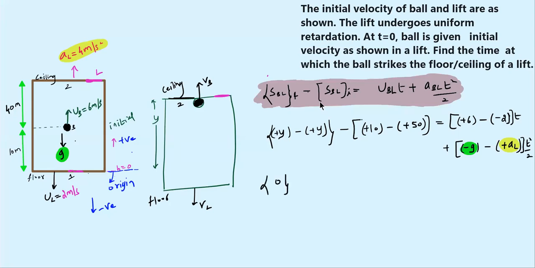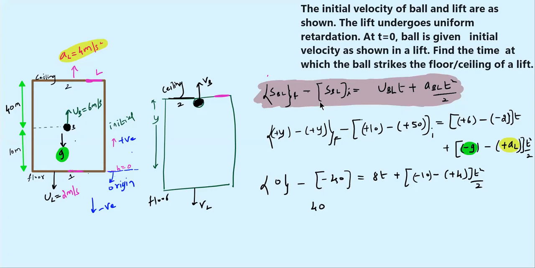This will be 0. This will be 10 minus 40, 80. This will be minus 10, minus of, this will be plus 4. Let me substitute all the values.